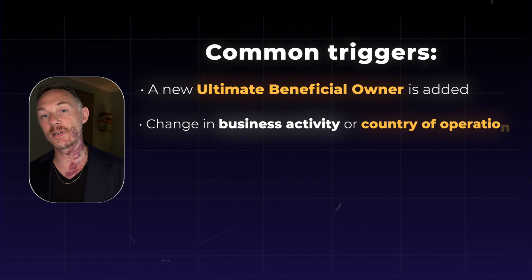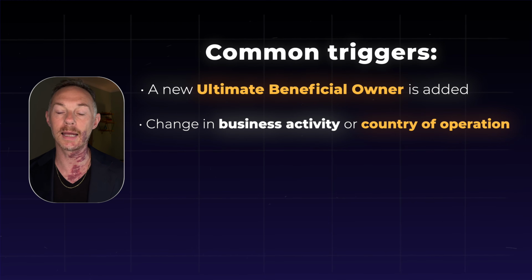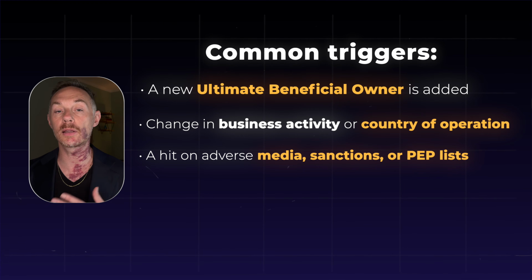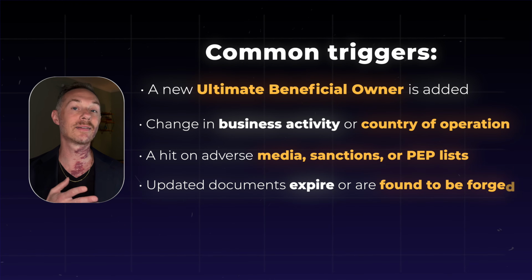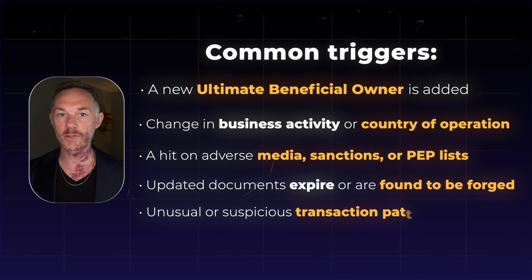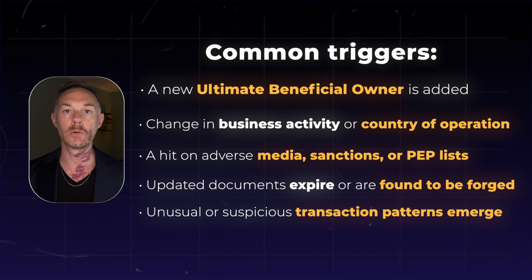A change in business activity or country of operation can also trigger one. A hit on adverse media, sanctions, or PEP lists should definitely trigger that kind of CDD. Documents expire or are found to be forged. Unusual or suspicious transaction patterns come up while the customer is operating with your organization.